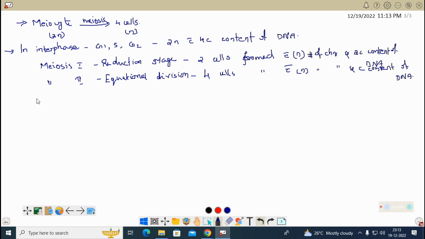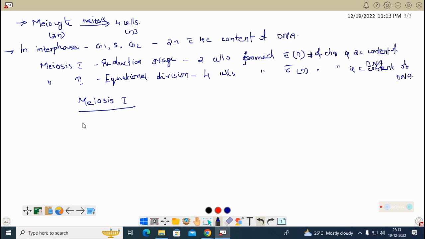First we are going to see meiosis 1 and meiosis 2, which stages are there. Then we will enter into the different stages of meiosis 1 and meiosis 2 in detail. First, we will just see which stages are there, because it is not difficult for you to remember, since we have already studied the same stages in mitosis.